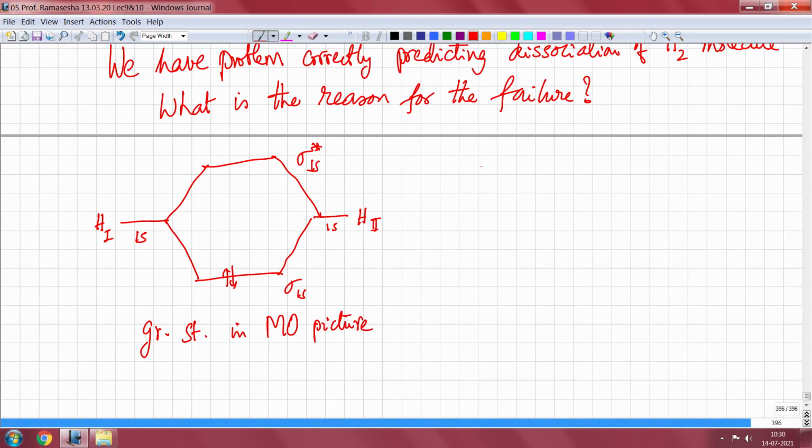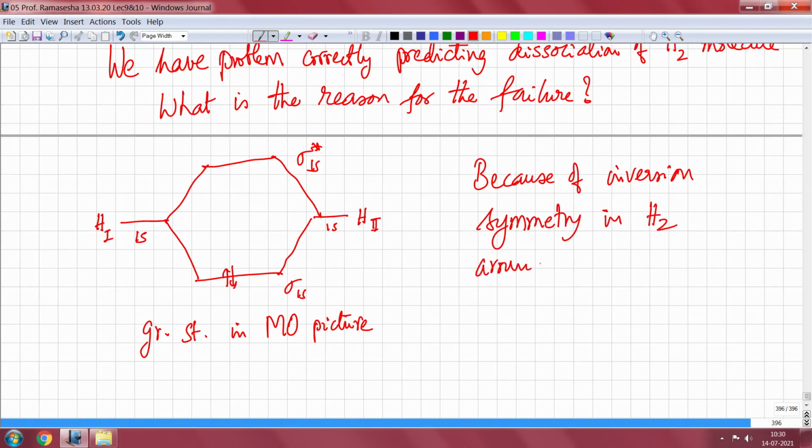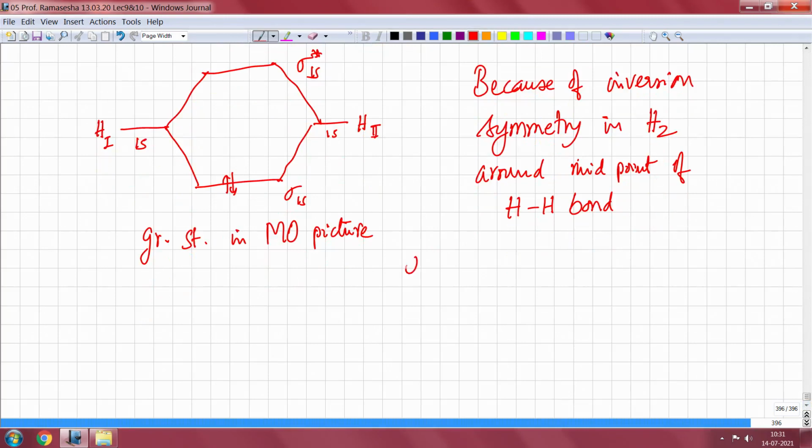Now, because of inversion symmetry in the hydrogen molecule around the midpoint of the HH bond, it will tell you something, that is, you know that the sigma 1s orbital has to be 1 upon root 2 times phi 1 1s plus phi 2 1s at all distances, because this symmetry holds at all distances.